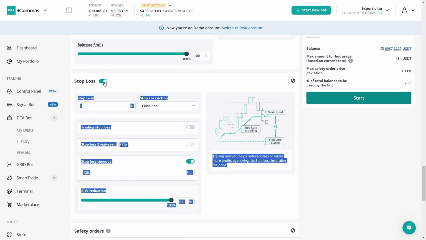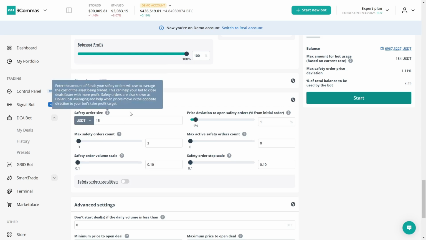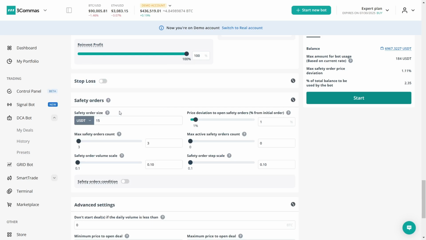Let's disable stop loss here and try to understand safety orders or DCA. To use DCA, you must decide a maximum number of active safety orders count. It's also known as maximum levels of DCA. So let's suppose I just want to have up to 2 levels of DCA.